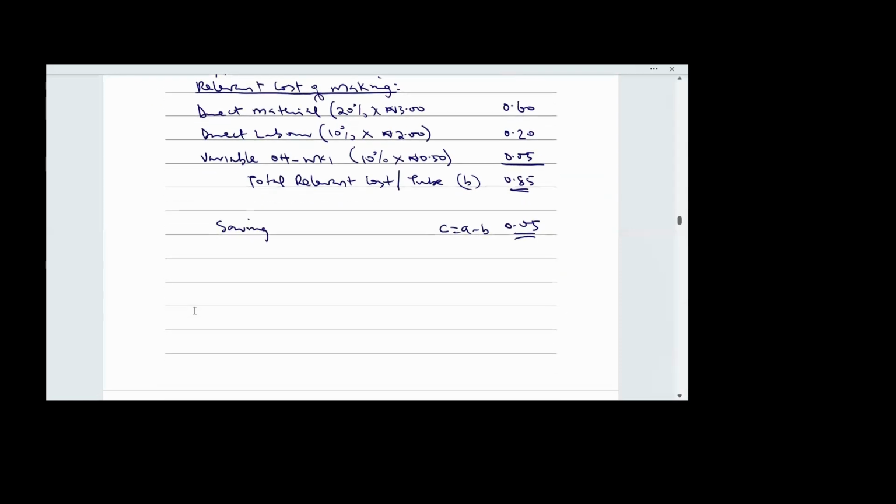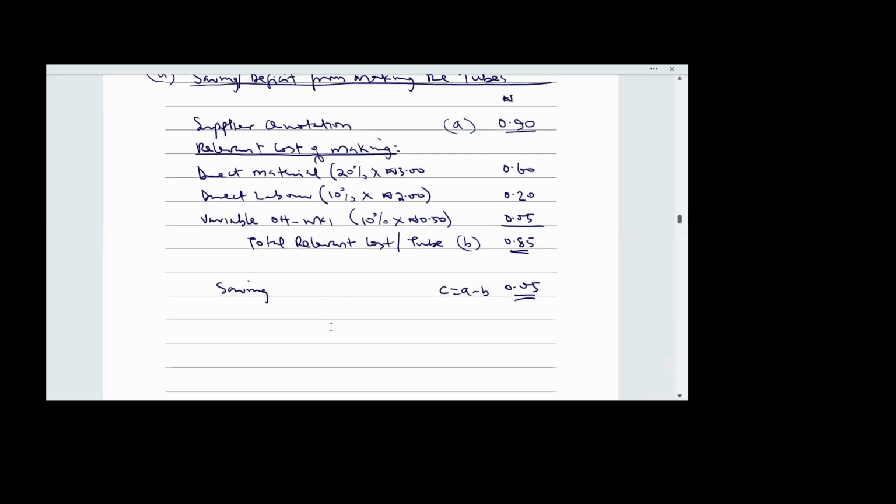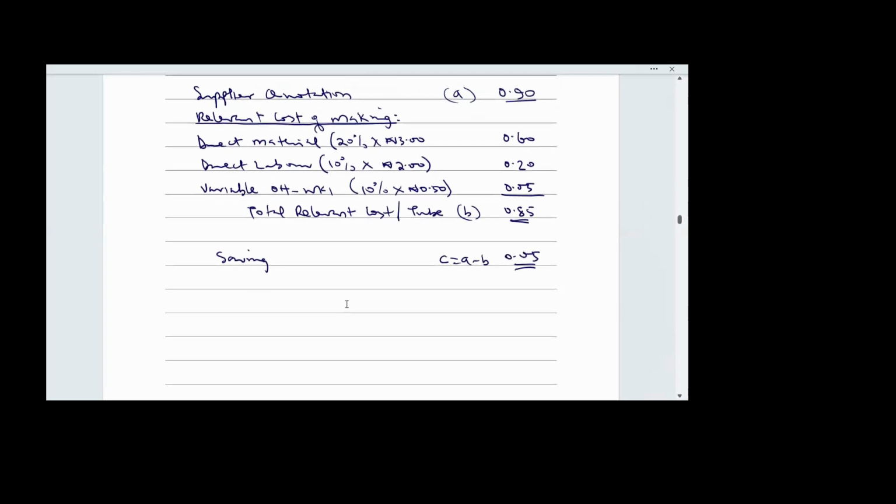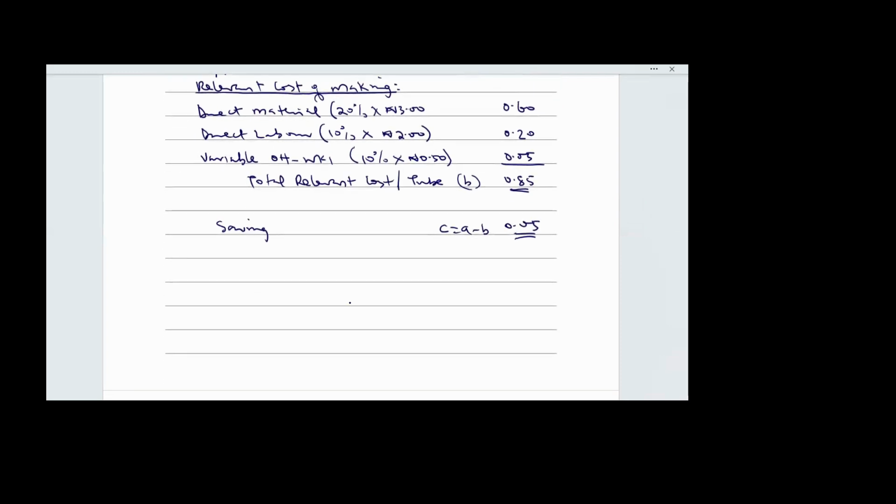The examiner is asking you to advise whether the company should make or buy the tube. Since the supplier's quotation is greater than the total relevant cost of making the tube, the company should make. So I would say decision: make. Okay. Next.